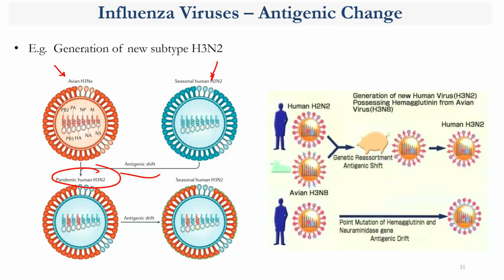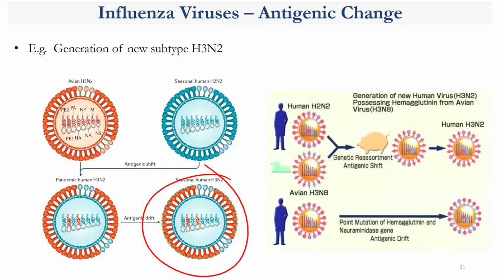Now, this strain itself can undergo antigenic drift and become a seasonal strain. So this strain that did not exist before, now you have N2 from the human strain and H3 from an avian strain. As a result, you just created a new strain that could be potentially deadly.